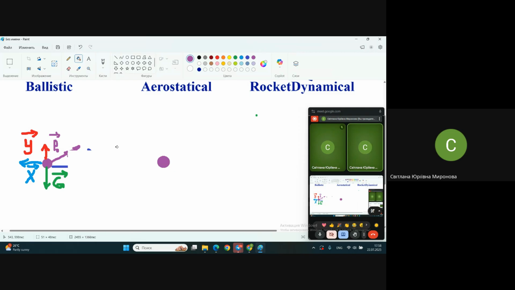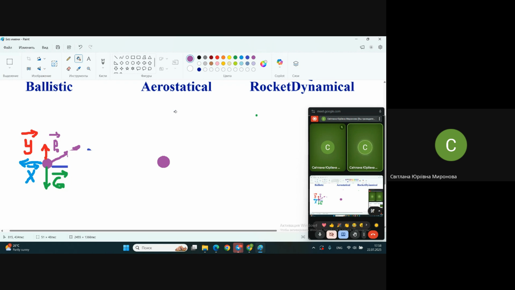Look, in the case of the ballistic principle, the aerodynamical, rocket dynamical principle, whatsoever, it comes to bodies which are heavier than air. Whether they have a propulsion system or not, they are heavier-than-air aircraft. When it comes to the aerostatical principle, those aircraft are called lighter-than-air aircraft.